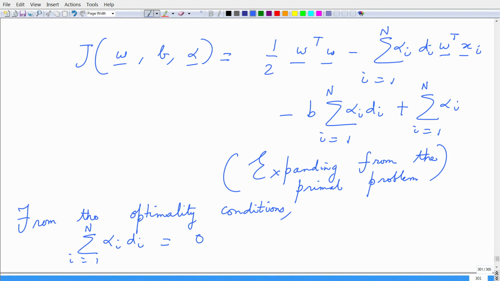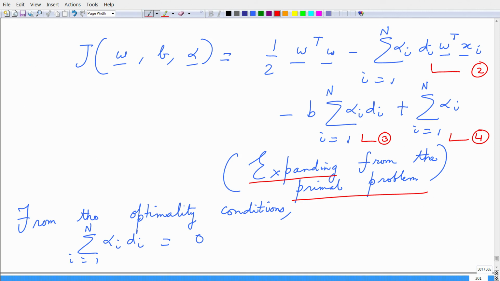One is half W transpose W, which is basically our objective, and terms 2, 3 and 4 are basically from the constraints. So, this is basically by expanding the primal problem.